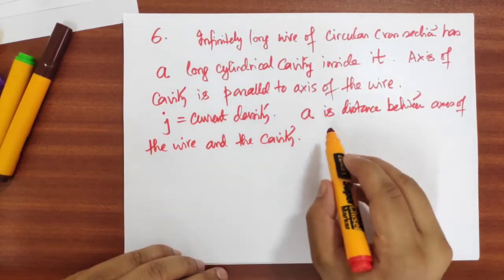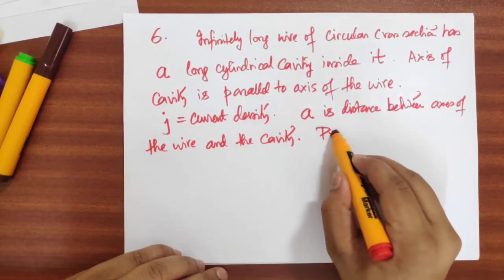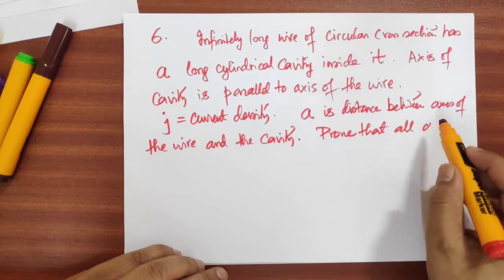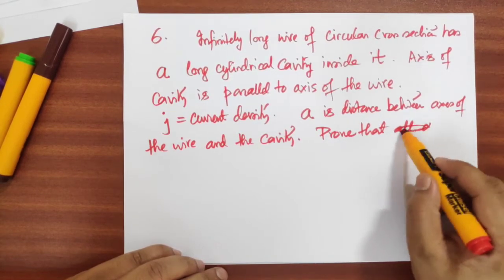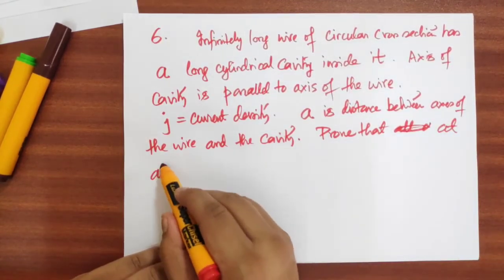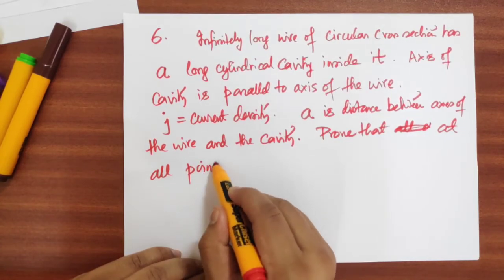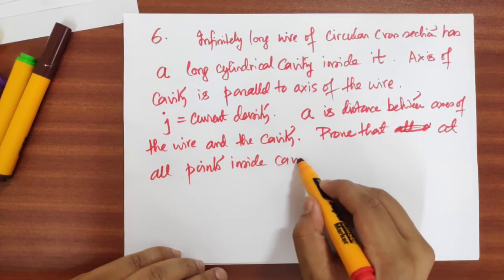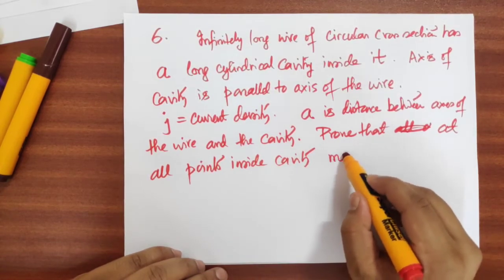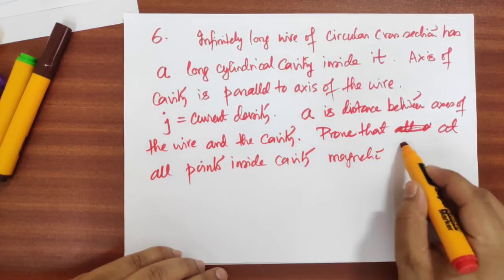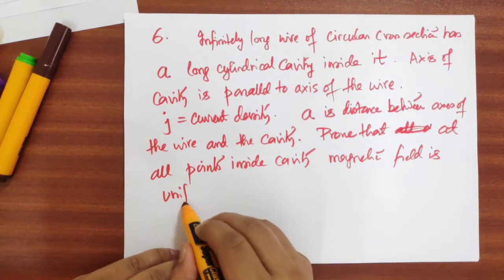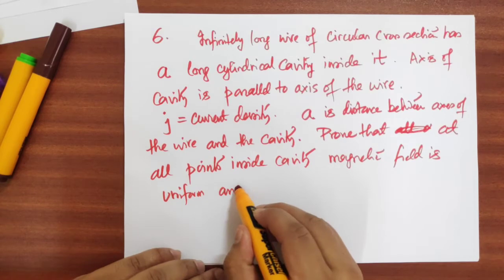Now the thing is, you have to prove that at all points inside the cavity, the magnetic field is uniform, and find its value.